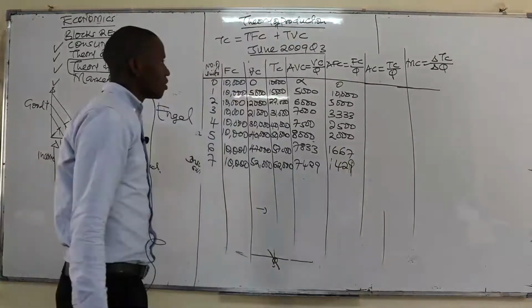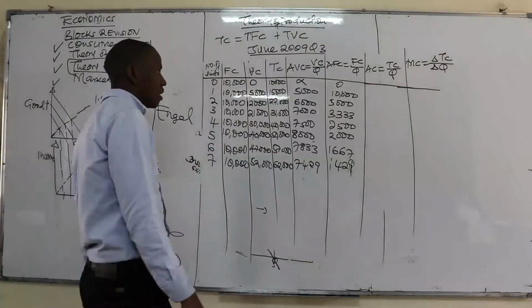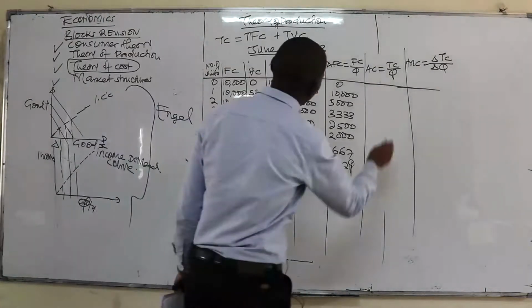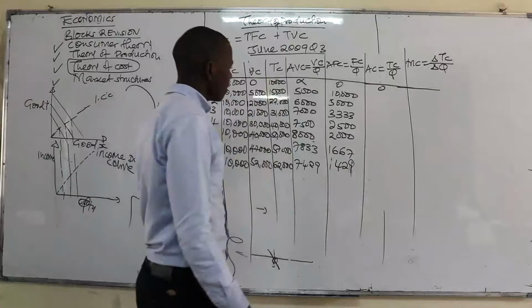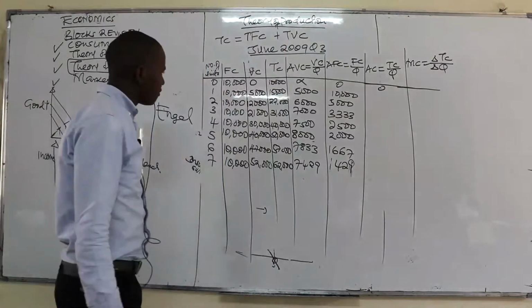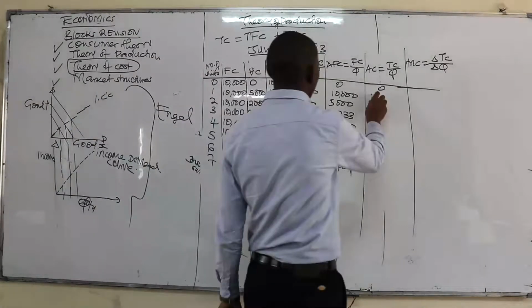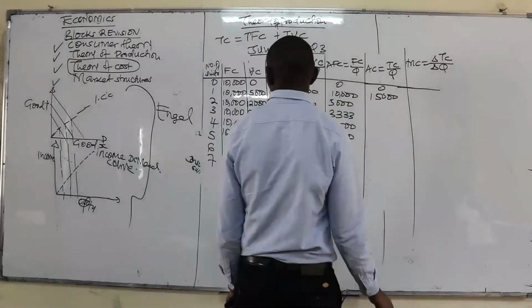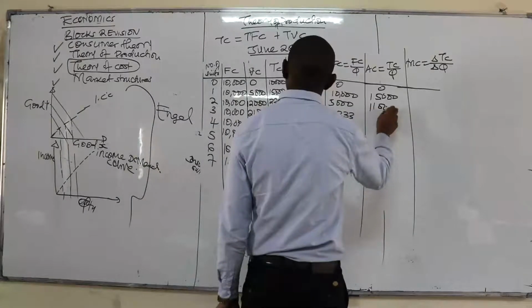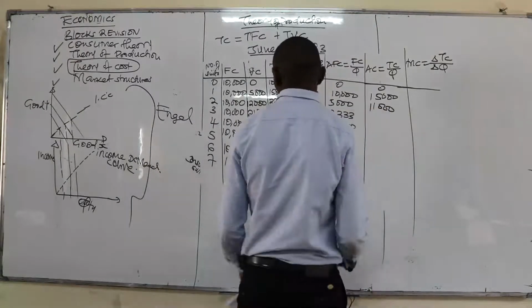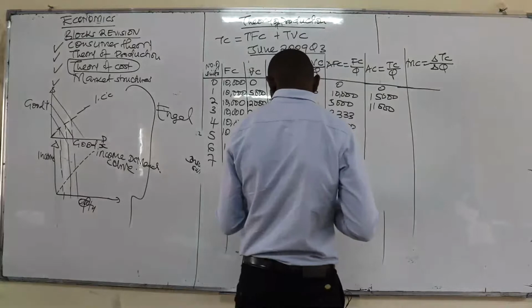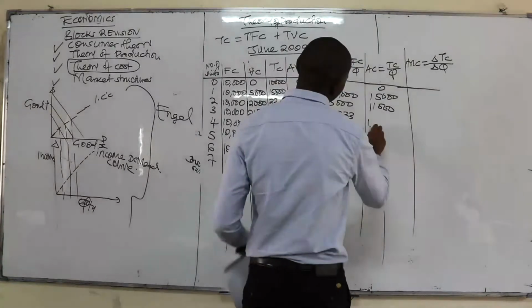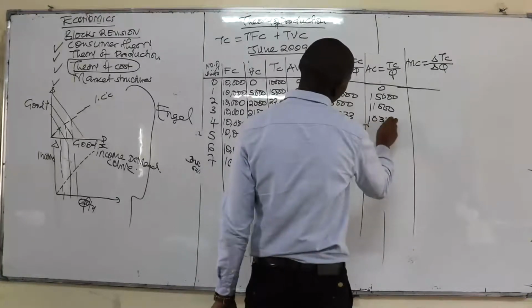Average total cost, you get the average cost as the total cost divided by the units. 15 you divide by 1, that is 15. We have 22 divided by 2, that is 11. We also have 31 divided by 3, which in that case is 10.33.